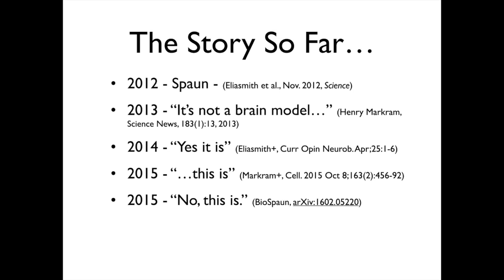And even more recently, I also showed some results from SPAN 2.0, which I think is even better in various ways. It's more functional. So of course it has more neurons, but it's also more functional. And at this point, we're working towards also including additional biological detail into BioSPAN 2.0. That's something that we haven't published yet and is not complete at this point.